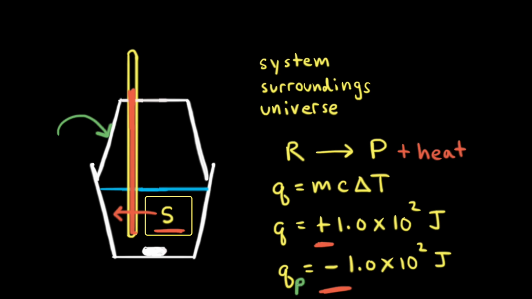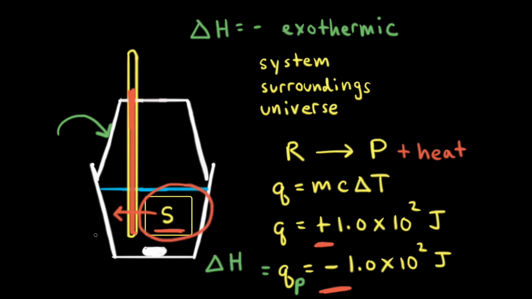The heat transferred at constant pressure is the definition for the change in the enthalpy, delta H. So we can write that Q_P is equal to delta H. And when delta H is negative, we're talking about an exothermic reaction. So when a reaction is exothermic, heat is transferred from the system to the surroundings, and therefore we see an increase in the temperature of the water.